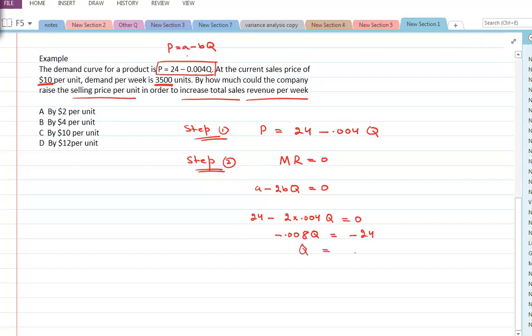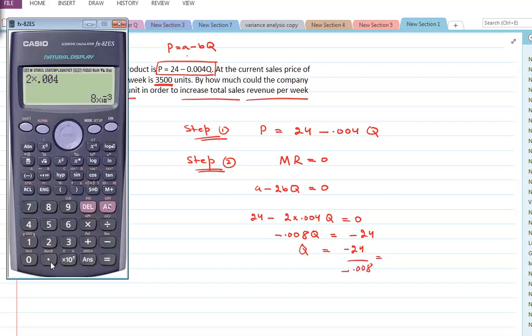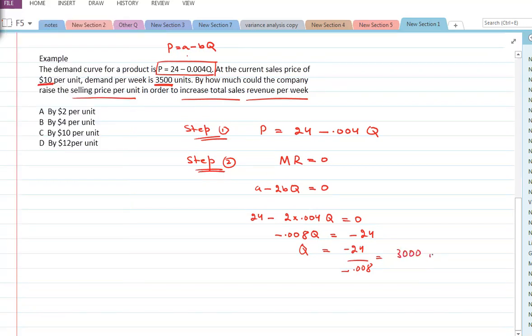So Q will be equal to minus 24 divided by minus 0.008. 24 divided by 0.008 will give you 3000. This basically means that revenue is maximum when quantity is 3000 units.